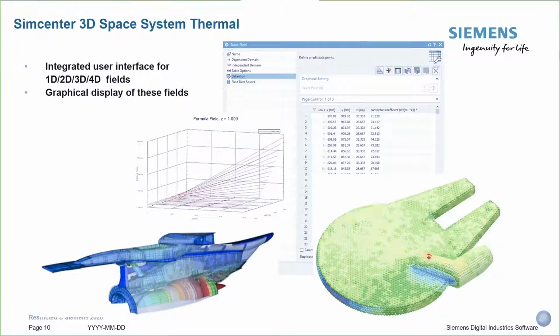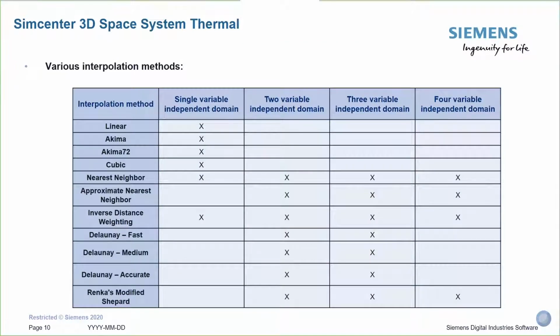So this is before the interpolation. This is the raw data that you can look at, but we can also look at the interpolated data directly on the mesh as well. And that's all done upstream in the preprocessor that is Simcenter 3D.